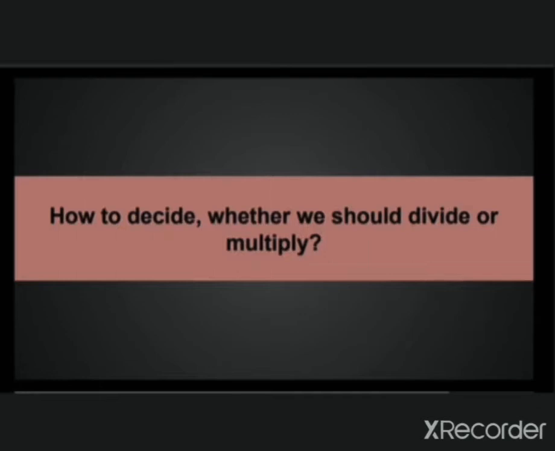For understanding this trick, you just have to understand the coming example. Suppose Sarah gets 15 stars in 3 months. The question is providing information. Notice, Sarah gets 15 stars in 3 months.